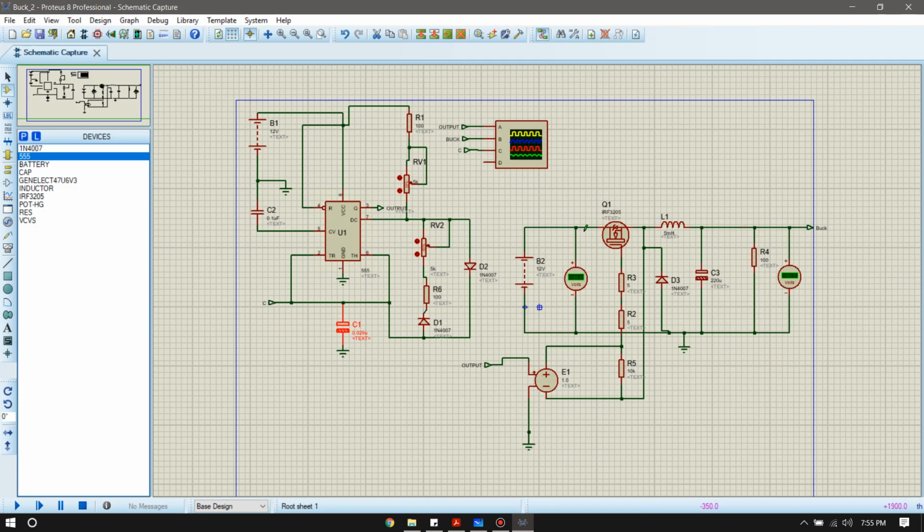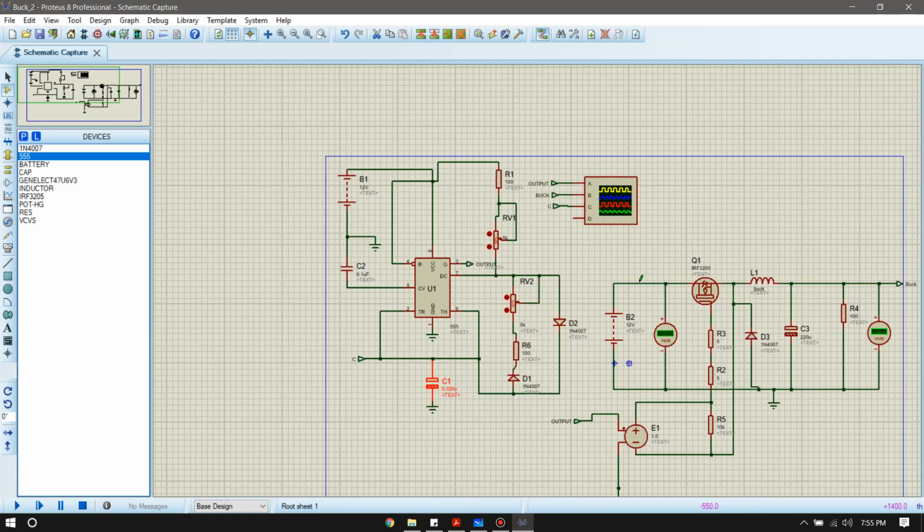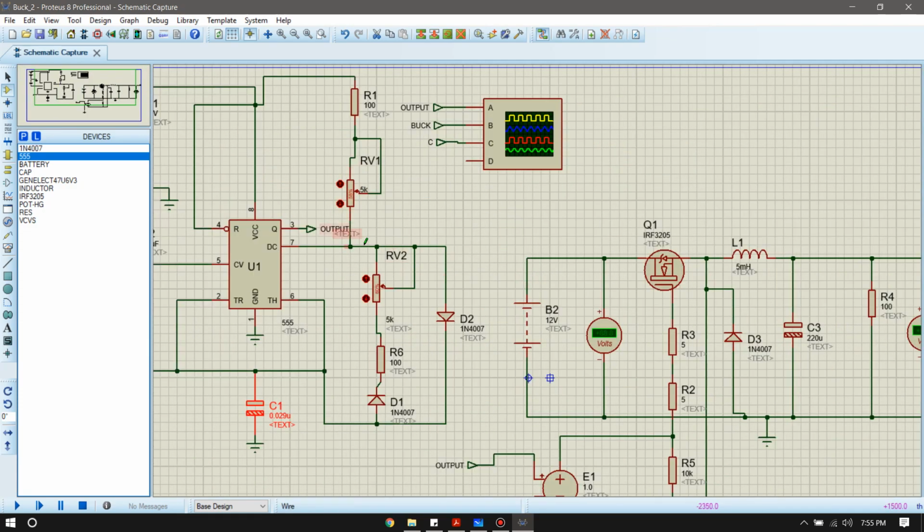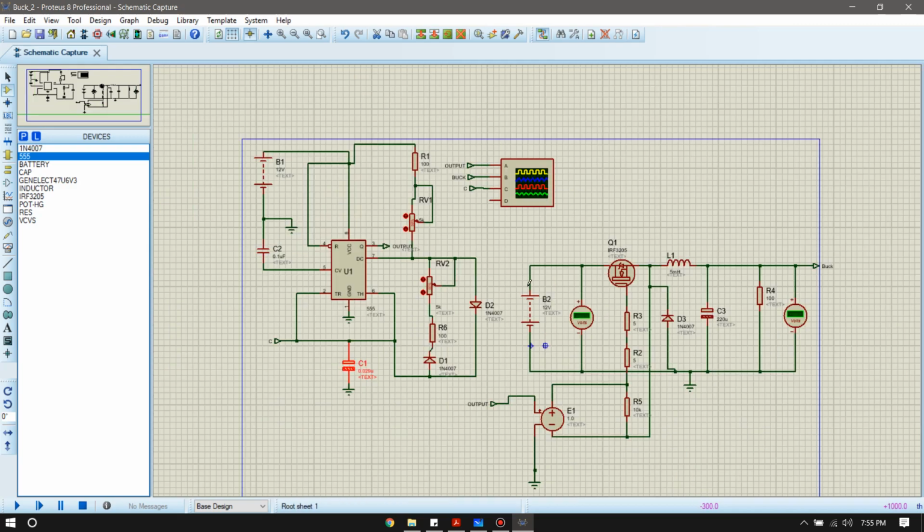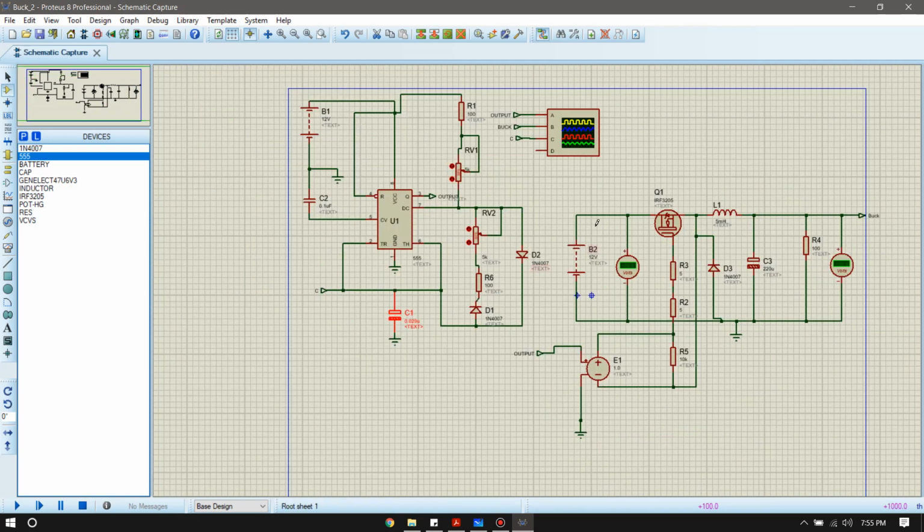Okay, and if you remember, I said that we can control the charging and discharging of the capacitor through these two potentiometers, and I'll be showing you how the width of the pulses varies if we vary these two resistances. Okay, so let's run the circuit now and see what type of output we get.